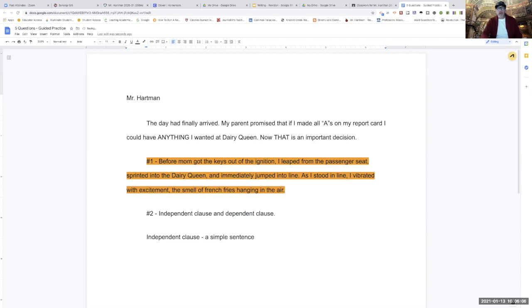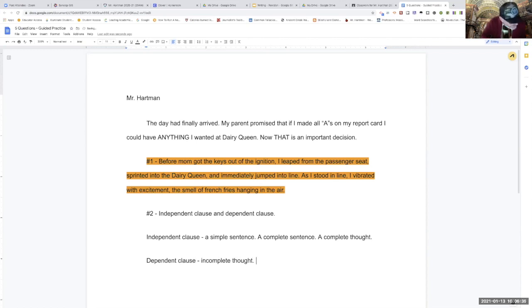It has a subject, a predicate, and it is a complete thought, okay? It is a complete sentence, a complete thought. A dependent clause, however, has the same thing, but it is an incomplete thought.